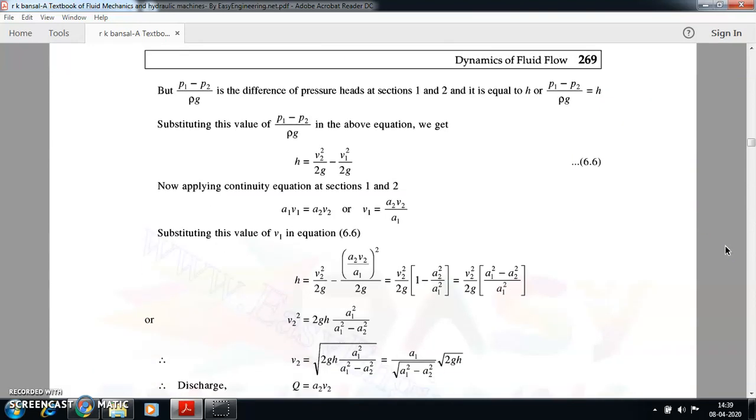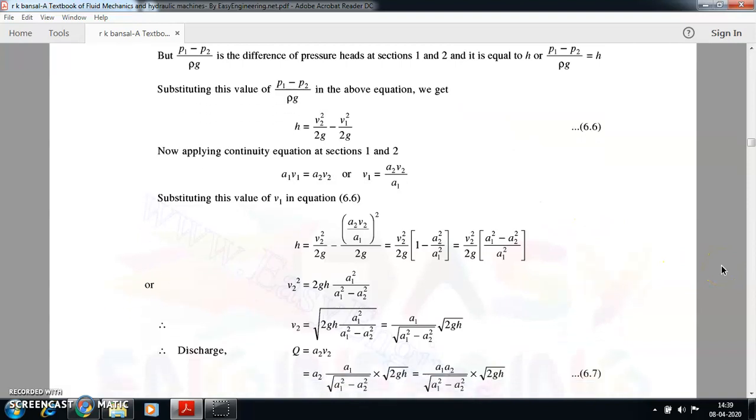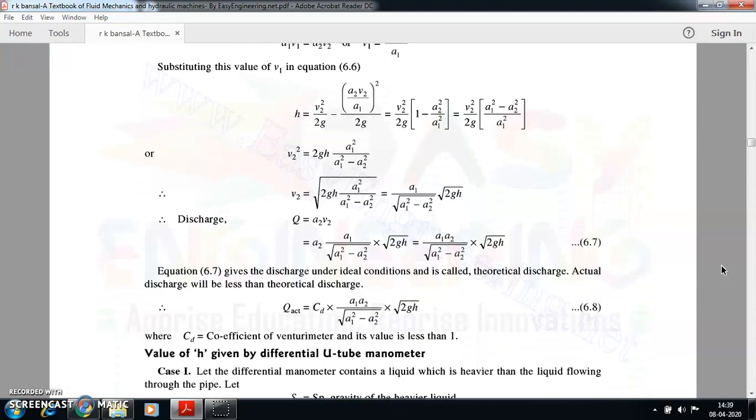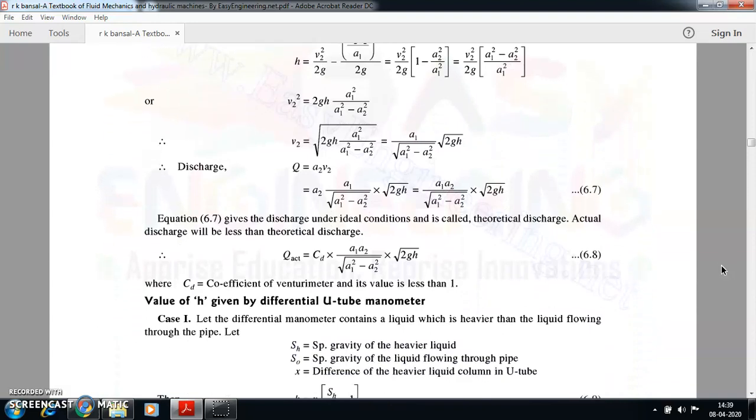theorem using the continuity equation. We are defining an important variable, small h, which is the difference of pressure. By playing with all the variables mathematically, we obtained at last the final expression: Q, capital Q, which is discharge, is equal to A1 into A2 divided by root of A1 square minus A2 square, into root of 2gh.